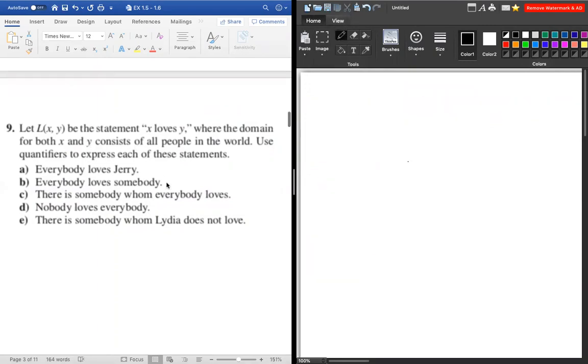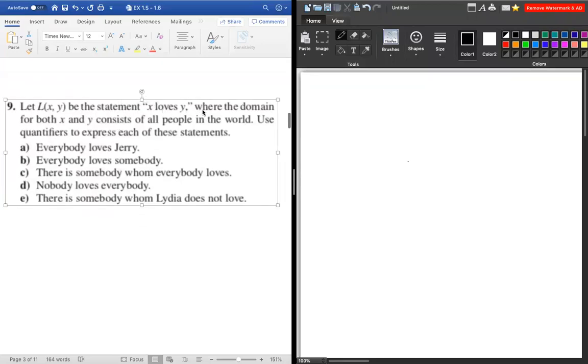So here we have this statement, X loves Y, where the domain of both X and Y consists of all people in the world. Use quantifiers to express each of these statements. For part A, we have everybody loves Jerry. So we say for all X because it's everybody.